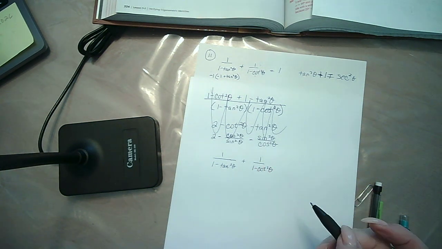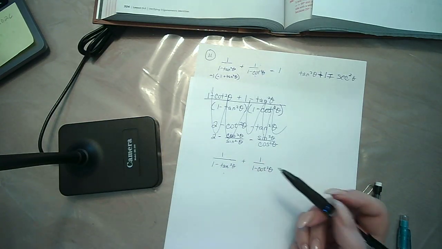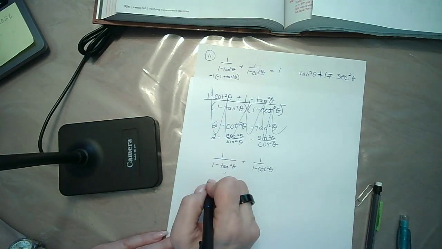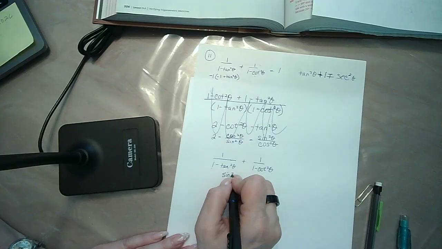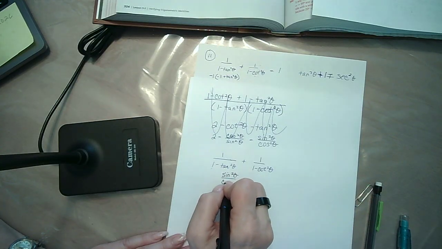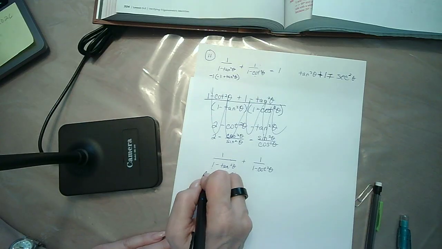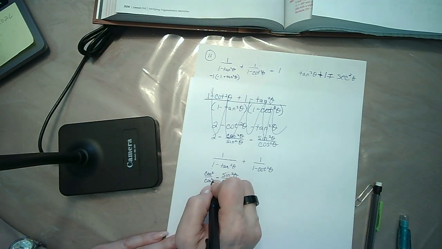And if I multiply them, if I make this sine over cosine, let's see if I do that. If this is sine squared theta over cosine squared theta, and I'm going to subtract it from 1, so I'm going to make this both cosine squared over cosine squared.